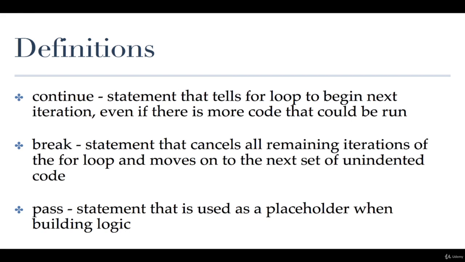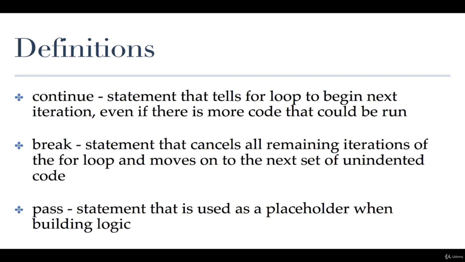The break statement, when it reaches it, rather than moving to the next iteration, will simply stop all the remaining iterations in that for loop and move on to the next line of unindented code. So it breaks your for loop. And lastly, we have the pass statement. The pass statement is a placeholder.